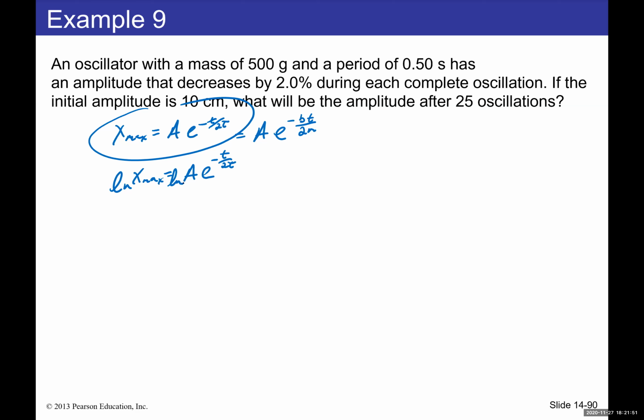Maybe let's do this first. Let's divide both sides by A. So x max over A is equal to e to the negative t over 2 tau.